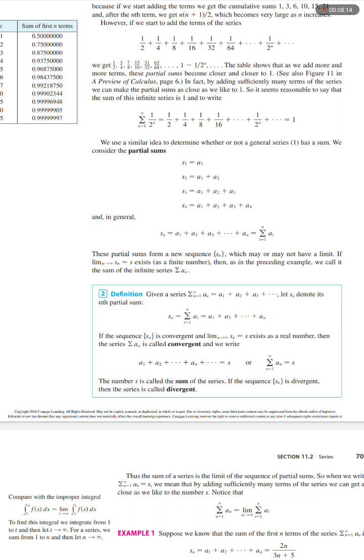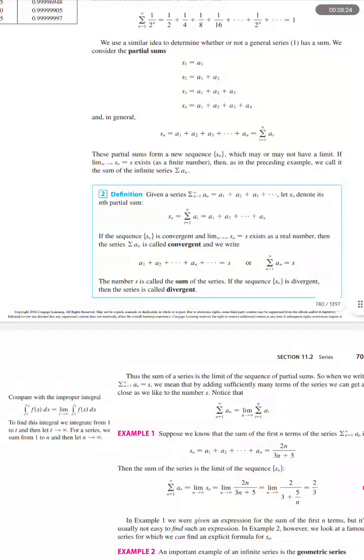The number s is called the sum of the series. If the sequence {s_n} is divergent, then the series is called divergent.